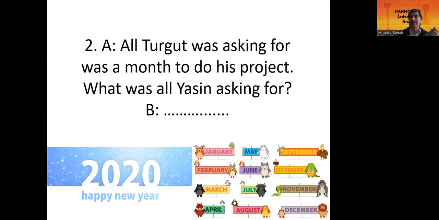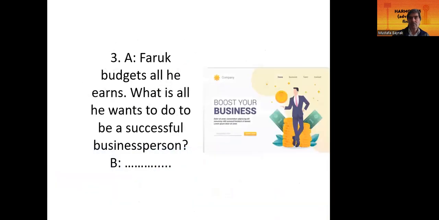All Turgut was begging, asking for is enough, I think is better. All Turgut was asking for was one mount to do his project. What was all Yasin asking for? All Yasin was asking for was a computer.